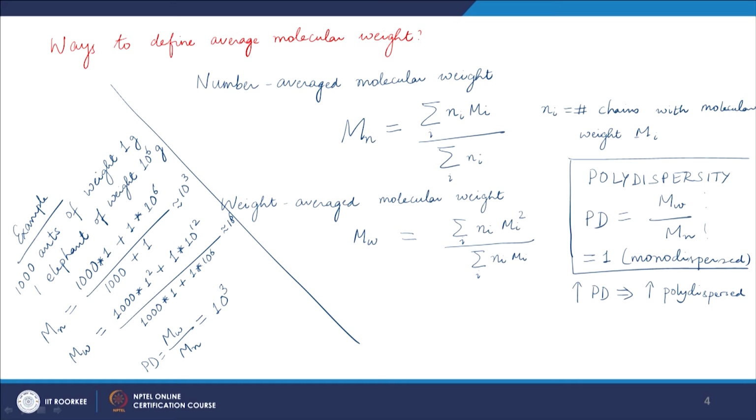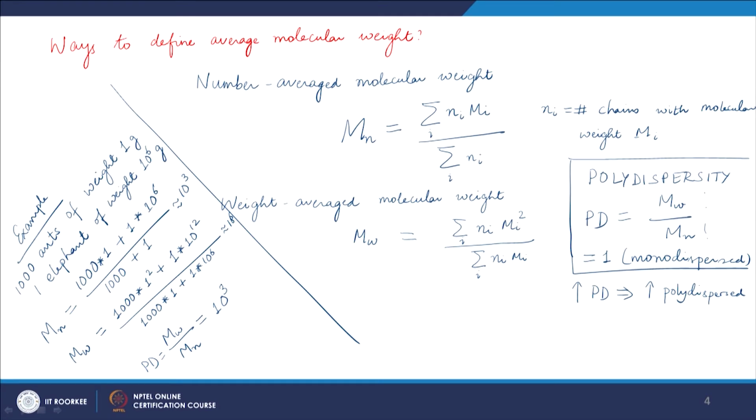Okay. So, now you start thinking of, instead of an elephant, if I place something like a cat which has a much lower weight, then of course the Mw will fall down, of course the PD will fall down, just because the weight difference between the species becomes smaller. If I replace elephants with, for example, a bee which even has a weight comparable to the ant, in that case the polydispersity will be closer to 1.